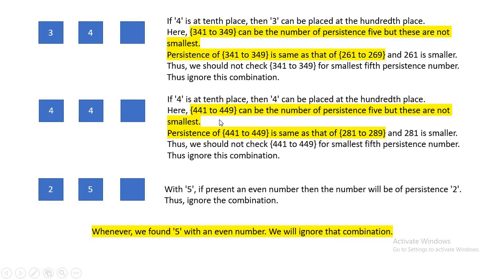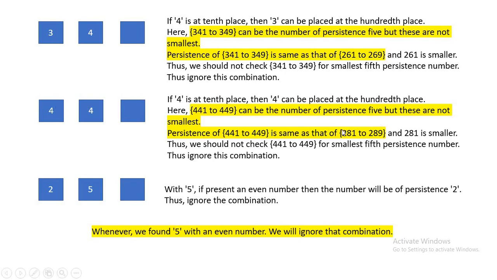440 to 449, again the persistence of 449 is the same as the persistence of 289, and 289 is smaller. So again we are ignoring this combination, because this can't be the smallest possible fifth persistence number.